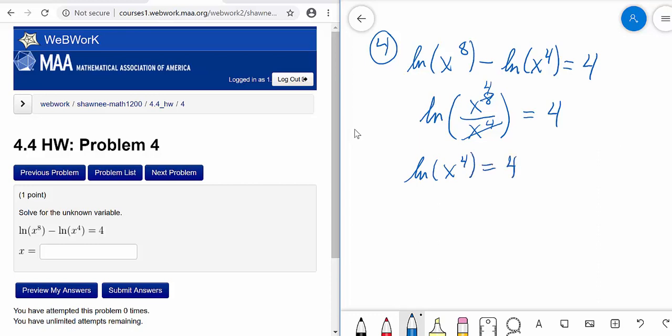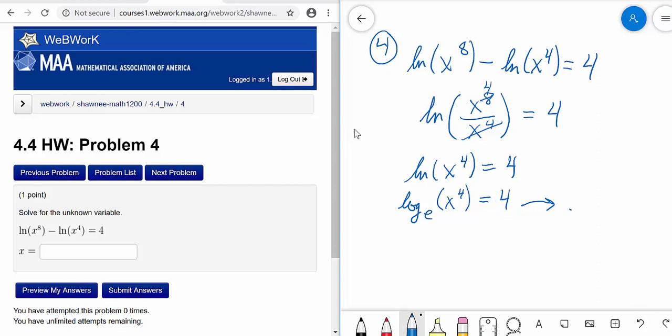equals 4. So now we're going to convert this to an exponential equation, but recall that the natural log is the same as the log base e. So we have the log base e of x to the 4th equals 4. When we convert this to an exponential equation, we take e, raise it to the power 4, and that will equal the argument x to the 4th.